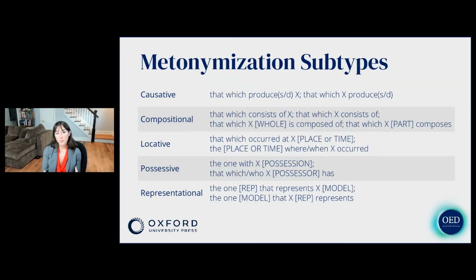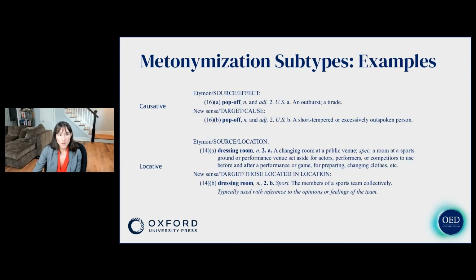Once these tags were applied and metonymizations could be definitively identified, they were further tagged into subtypes. These are common formulations of the ways that metonymization occurs: causative, compositional, locative, possessive, and representational. Here are a few examples of the types of metonymization that I'll later discuss in highlighted case studies.